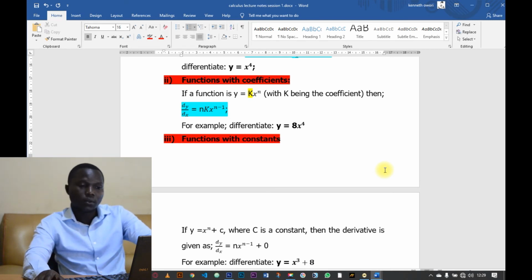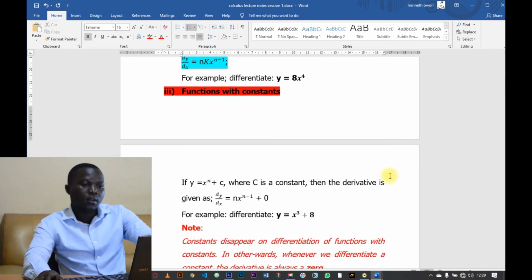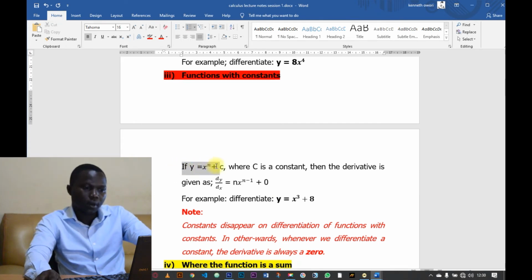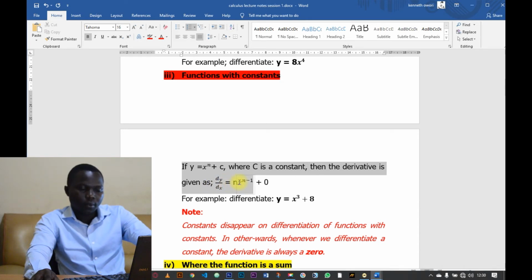So as we follow, if y equals x power n plus c, where c is a constant, then the derivative is dy/dx equals n x power n minus 1.